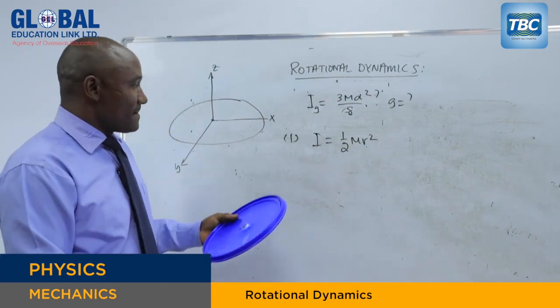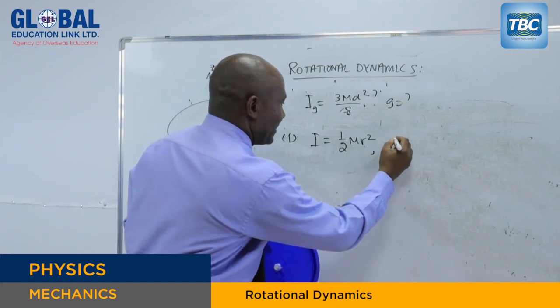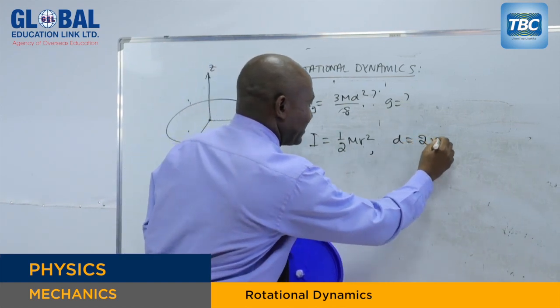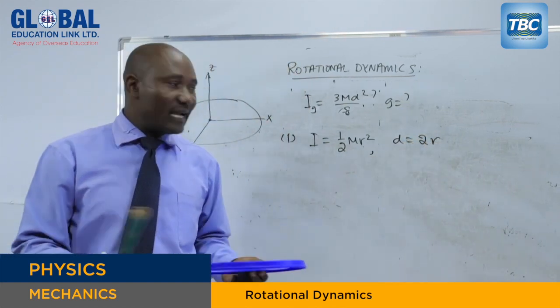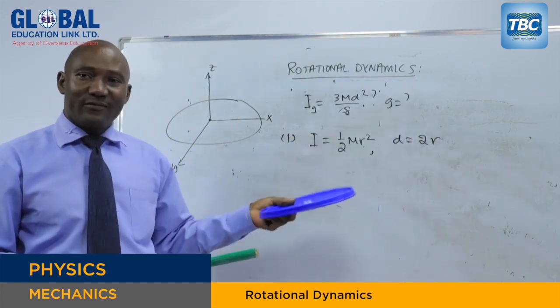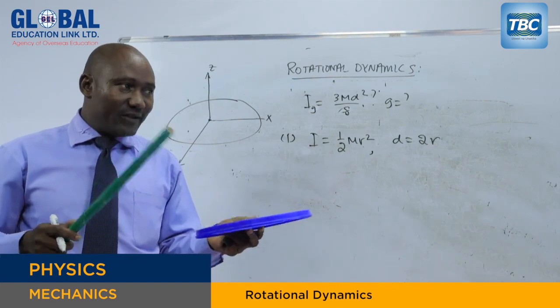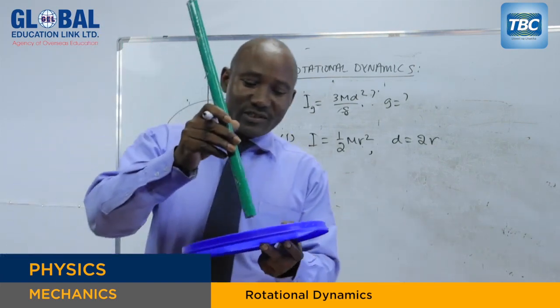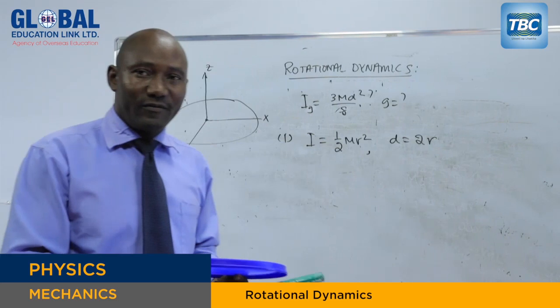The radius and the diameter are related: diameter is 2r. Let's check whether this moment of inertia matches the given one. If you get the same answer, it means that object was rotating about the center of gravity.